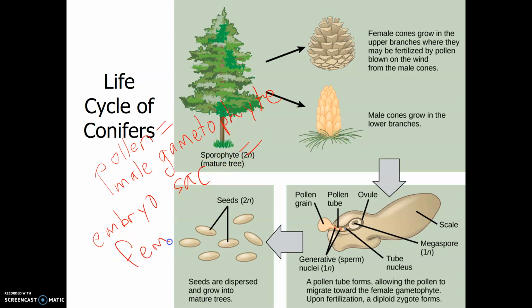This will be true for all of the seed plants. I didn't see where it was very clear about that. So you no longer have a gametophyte that's a separate structure. The male gametophyte is the pollen, and the female gametophyte is the embryo sac that holds the egg.